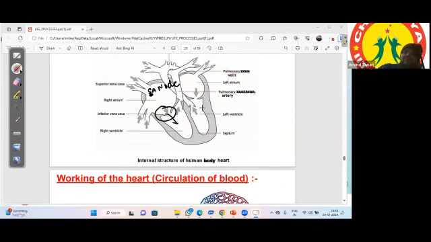So heart muscles start contracting, the auriculoventricular valve closes and the pressure increases inside the heart. Currently, when the pressure is increasing, all the valves of the heart are closed.